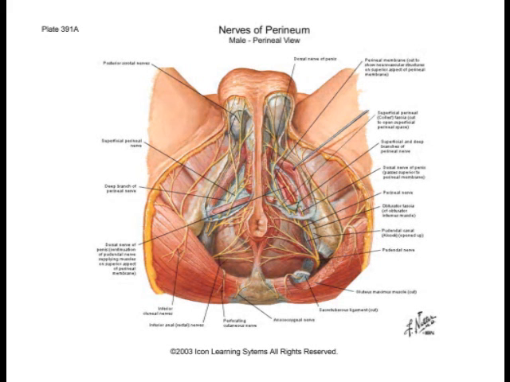Okay, this is showing the dorsal nerves of the bowel, right alongside the pubic ramus bone, inside the pubic ramus bone tunnel. You can see that on the right side there.